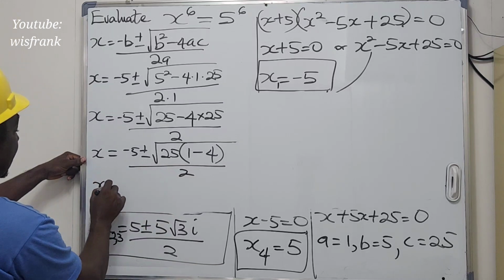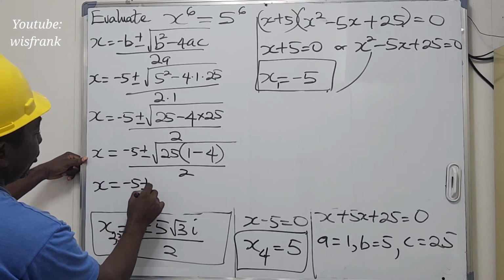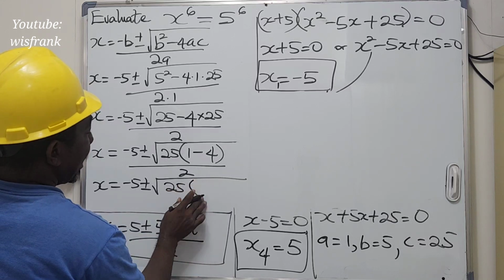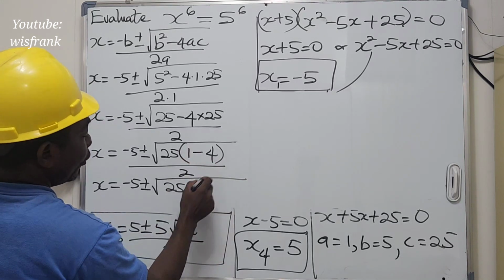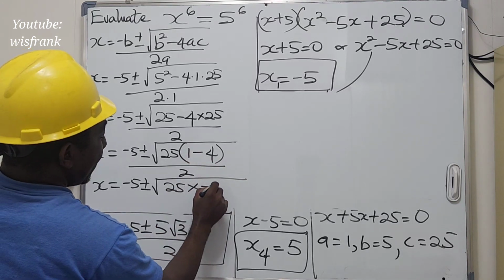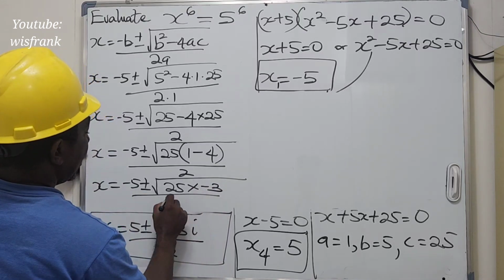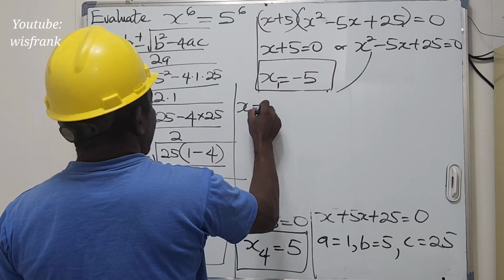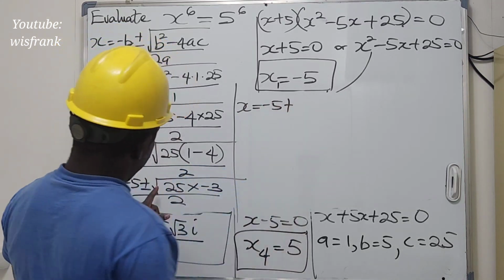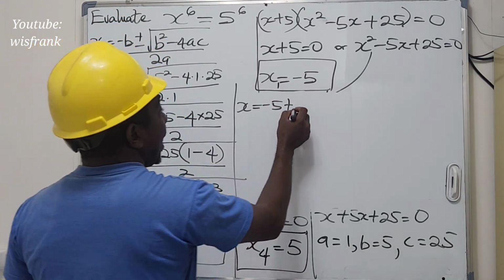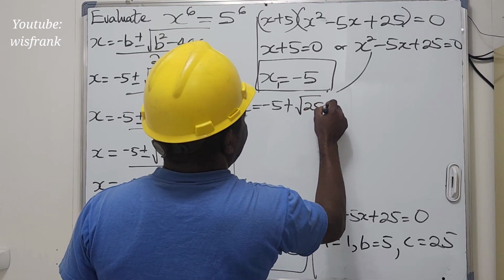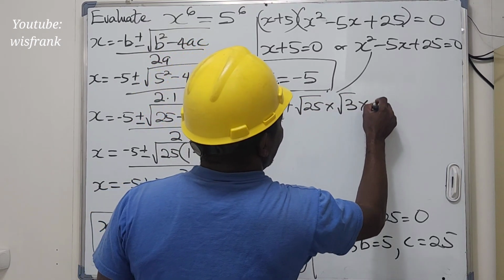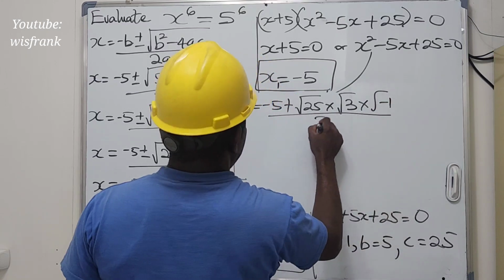This is the same thing as x equals minus 5 plus or minus the square root of 25 times 1 minus 4, which becomes times minus 3, all over 2. So the value of x will become minus 5 plus or minus, the same thing as writing the square root of 25 times the square root of 3 times the square root of minus 1, all over 2.